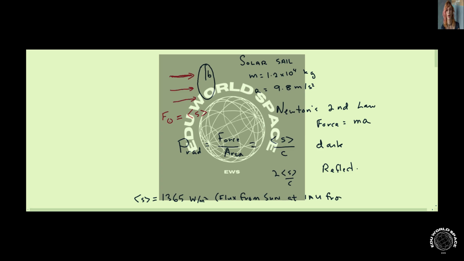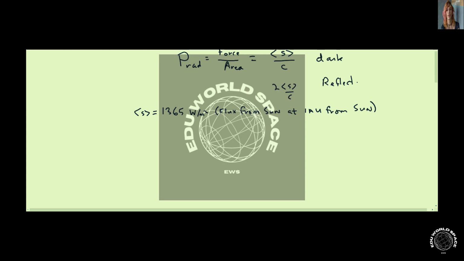And a reminder of how you find that flux. You basically take the luminosity of the sun and you divide by 4 pi times the distance squared.